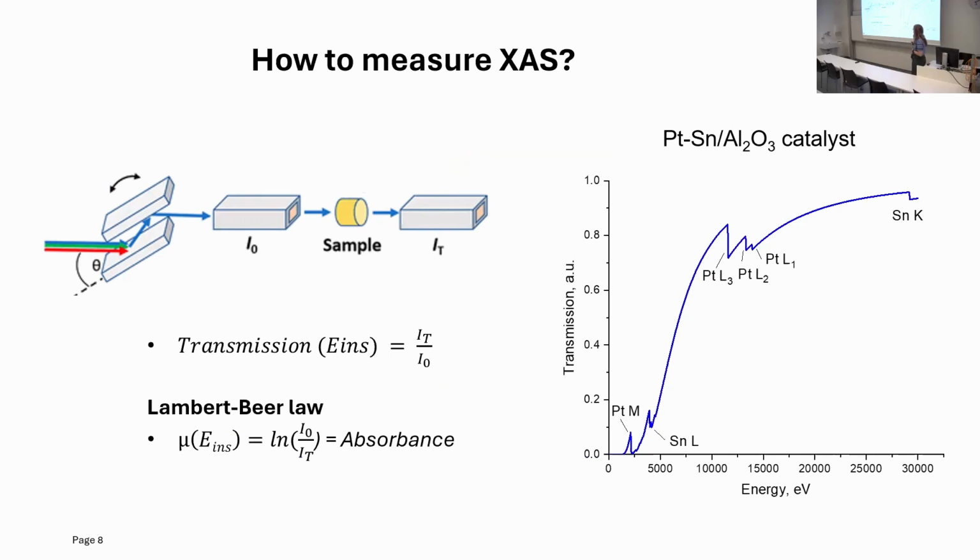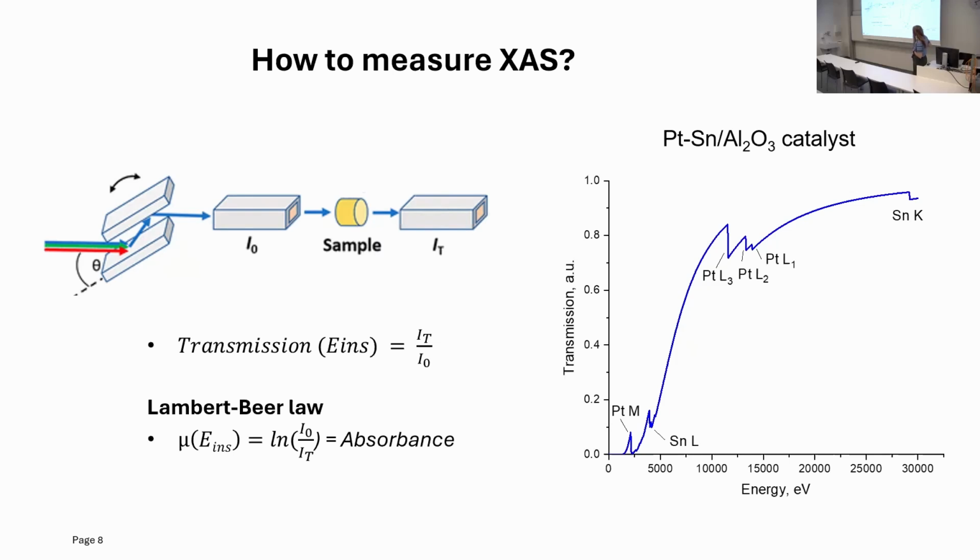Then we scan the X-ray energy by moving the monochromator, and we measure, for example, here it's a transmission spectrum of a sample containing platinum and tin.